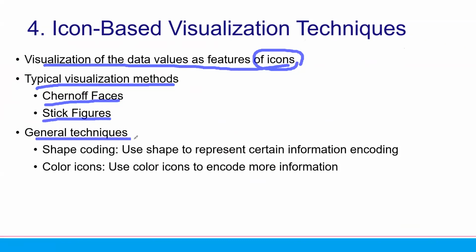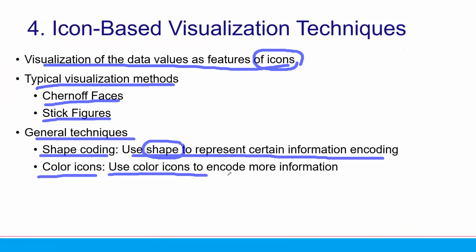Some other general techniques, they call it shape coding, so use shape to represent certain information encoding. It means we have some shape, maybe triangle or box, or rectangle, or we can use color. If the color is red, then maybe it is dangerous. If the color is green, it is safe. Something like that.